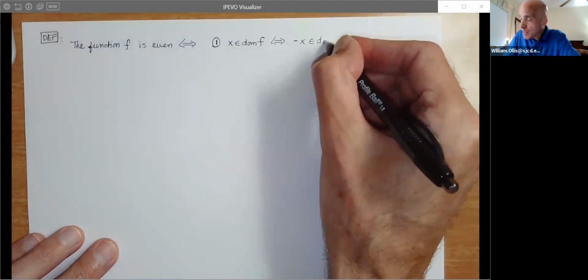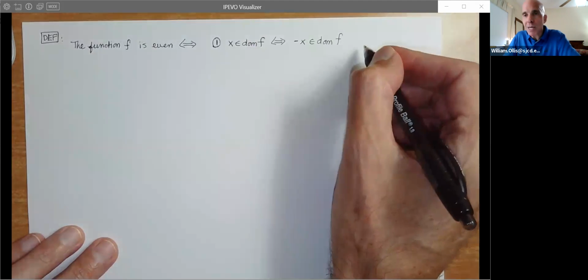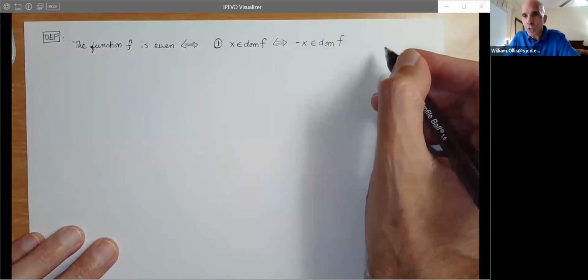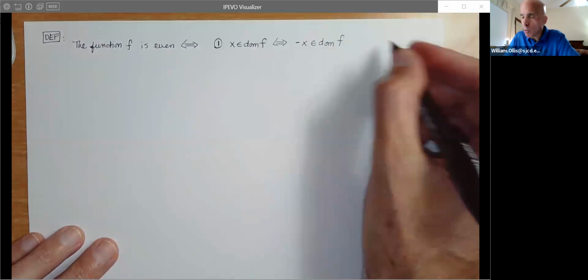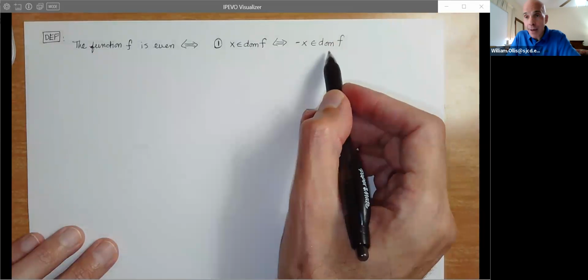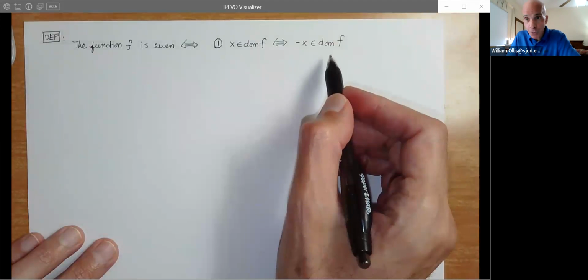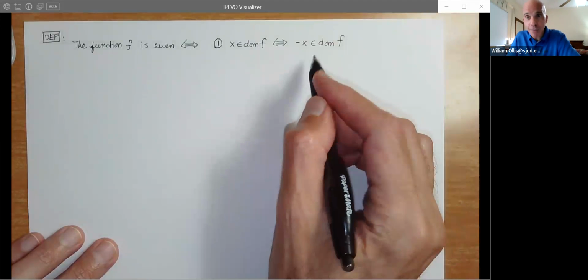What this is saying is that the domain is symmetric relative to zero on the number line. So if you have 5, you have -5. If you don't have 2, then you don't have -2. That's how you get the symmetry.